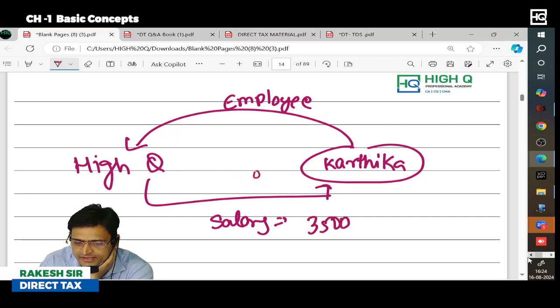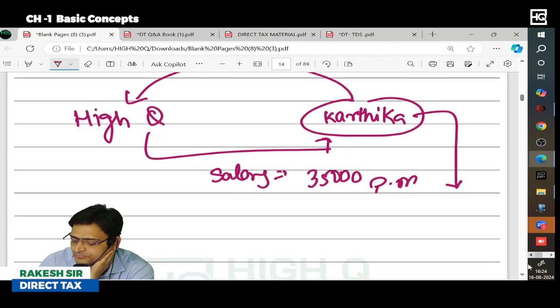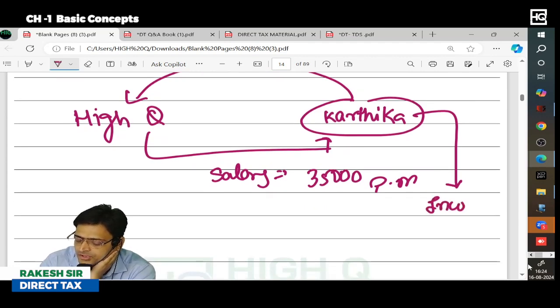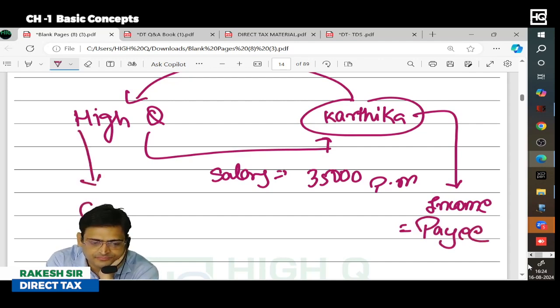Take 35 at least. 35,000 per month. Okay, I am taking a random amount. And now for Kartika it is what? Income. She will be called the payee. And for IQ it is an expense. IQ will be called the payer.